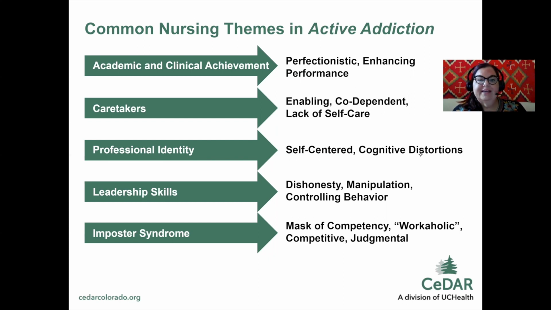Our caretaking qualities get distorted and turn into enabling, codependent behavior, and we're taking such good care of everyone around us that we forget to take care of ourselves. Lacking self-care is a really common theme in active addiction for nurses.